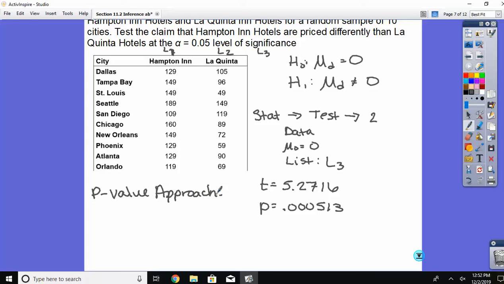So we're really doing the p-value approach, which is the one we stick with most of the time. So if we look at this, my p is smaller than my alpha, so that means you reject the null.